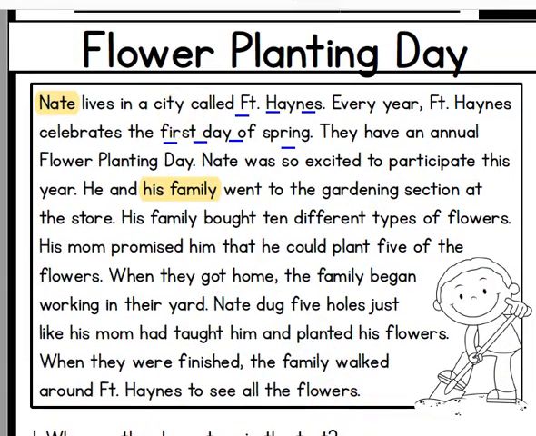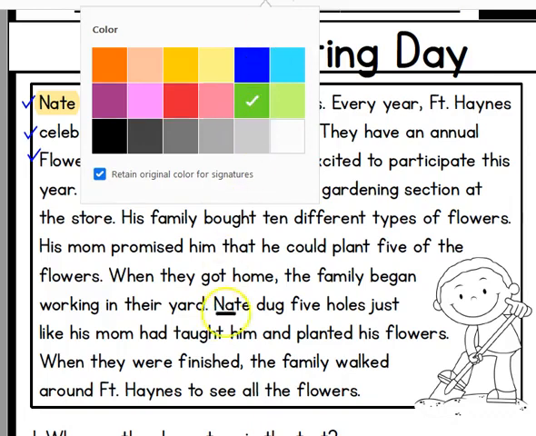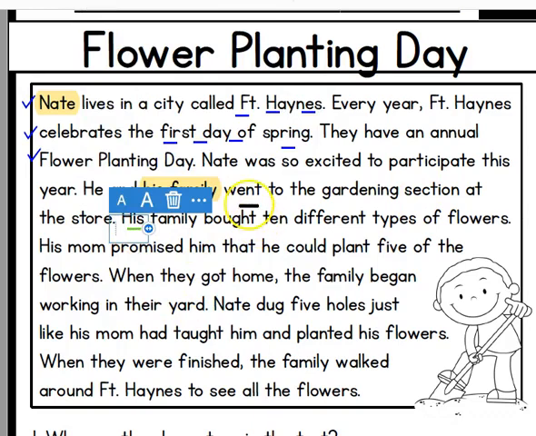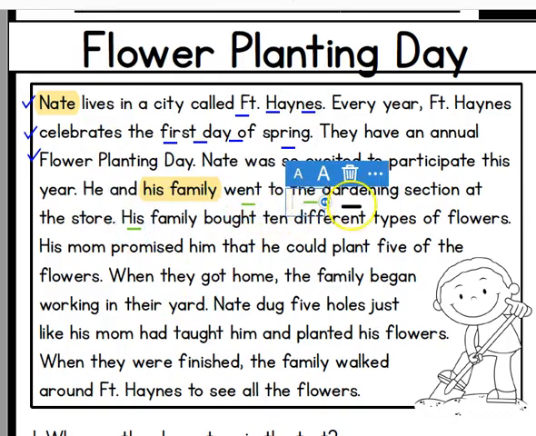So let's kind of look at this for a minute. So I'm going to put a check mark. That's the beginning. This is the beginning. This is the beginning. Okay, where it's going to start in the middle, let's choose a different color, is when they talk about going to the gardening section.